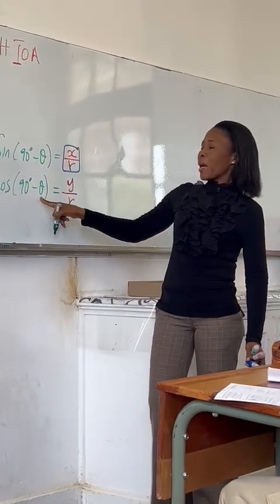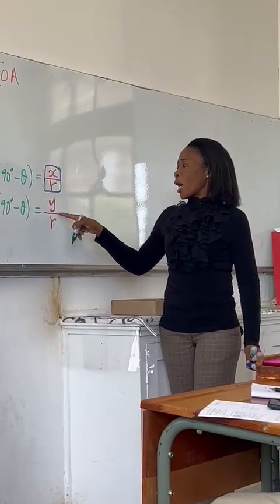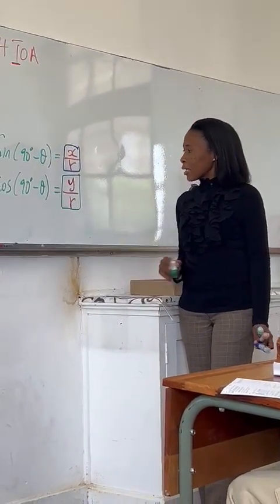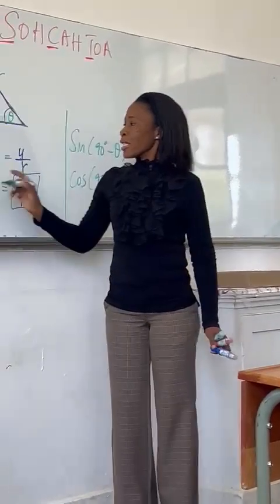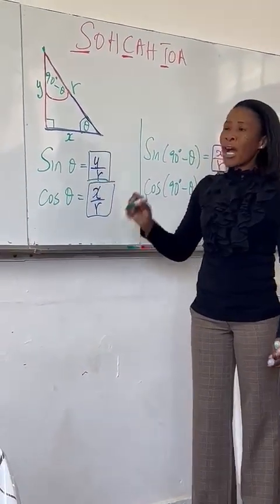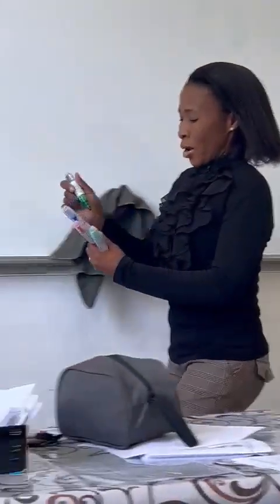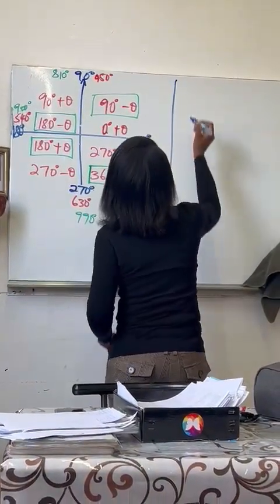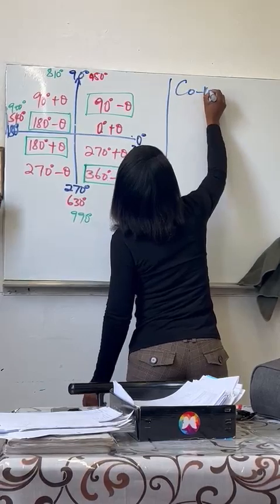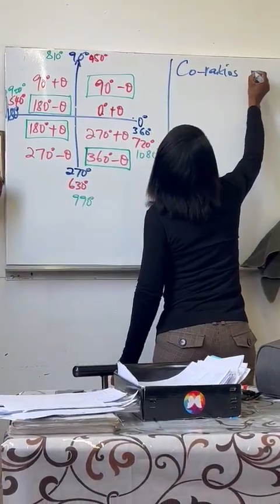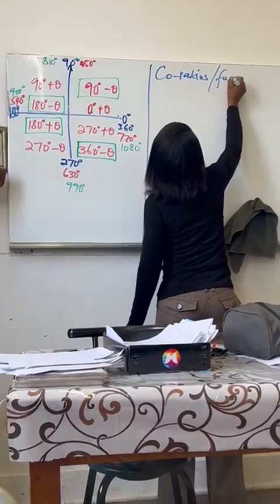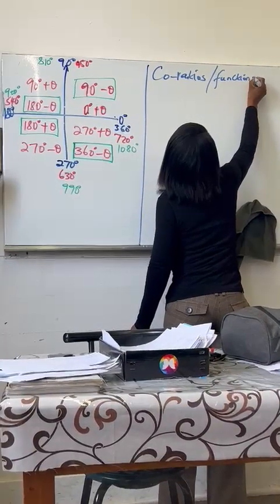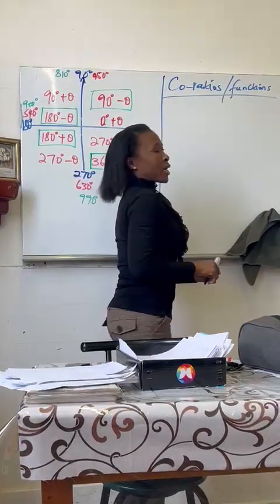Cos of 90 degrees minus theta is the same as Y over R, and sine theta is also Y over R. That's why we tell learners sine and cos are co-functions. So we call them co-ratios or co-functions. I don't need to explain anymore.